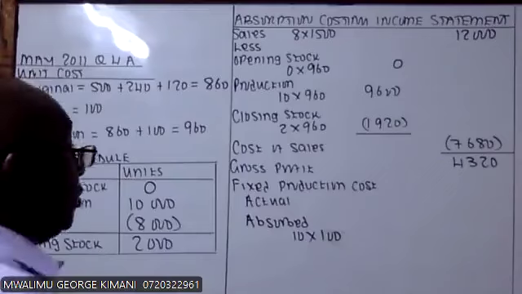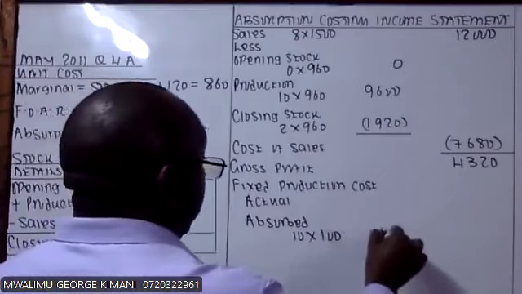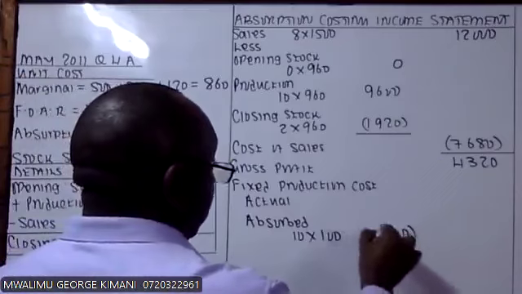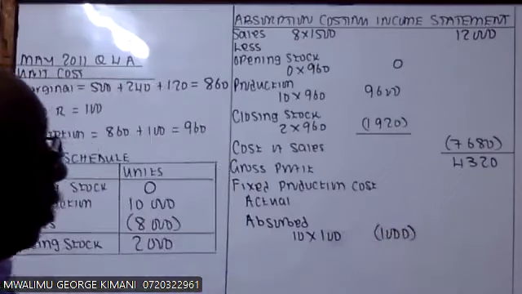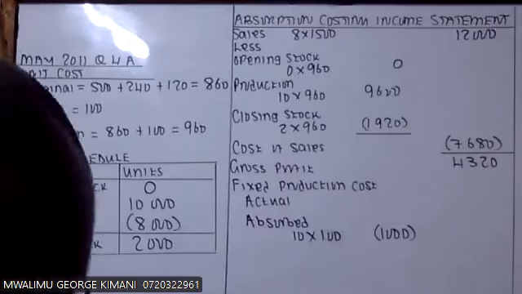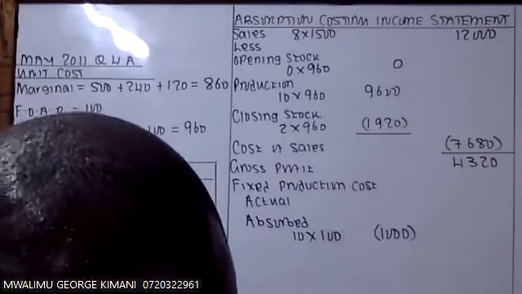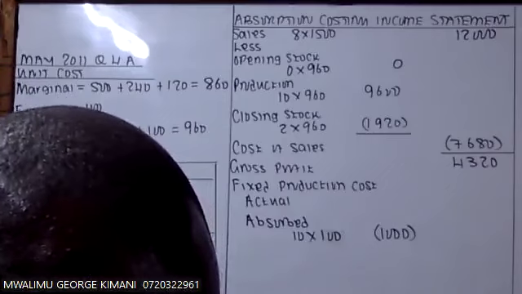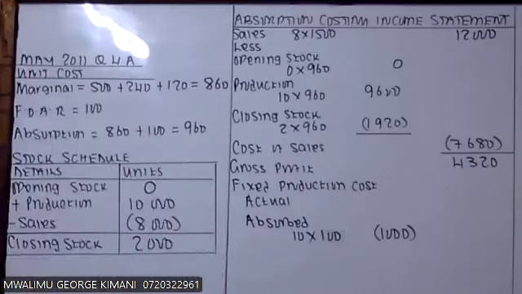So this means we have 1,000. Now, when the question says the 10 is the one mentioned at the budget, no, sorry, I'm confusing. But they are the same.